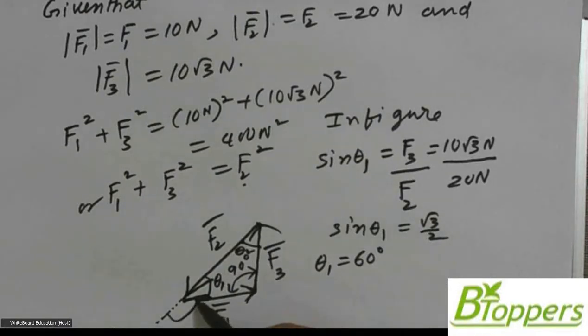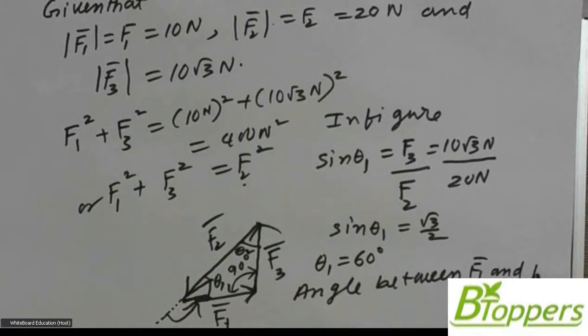So the angle between F1 bar and F2 bar will be equal to 180 degrees minus theta 1, that is 180 degrees minus 60 degrees, which is equal to 120 degrees.